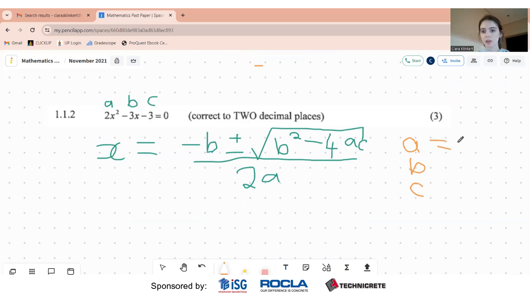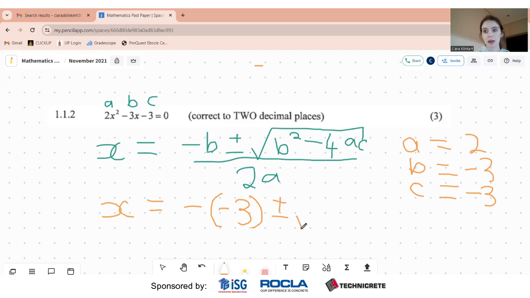A is equal to 2, B is equal to minus 3, and C is equal to minus 3. Okay. So now we substitute all these quantities into the quadratic formula. Okay. Negative B, so it's going to be negative 3. Whenever we use a formula and do substitution, please use brackets. This avoids possible sign errors.